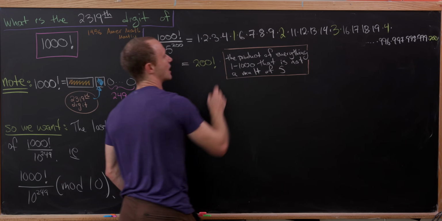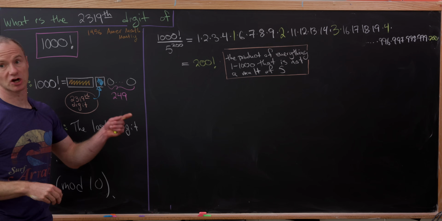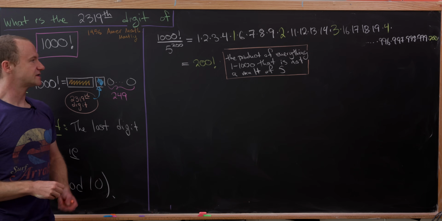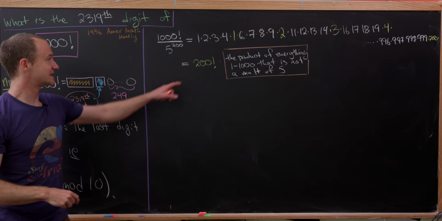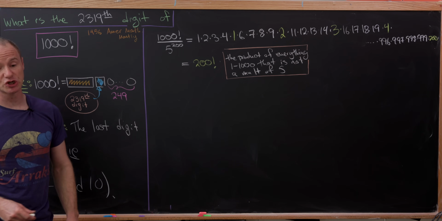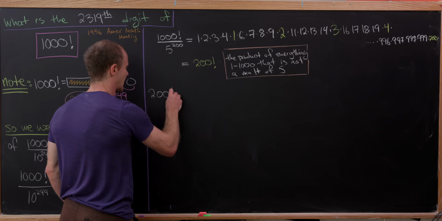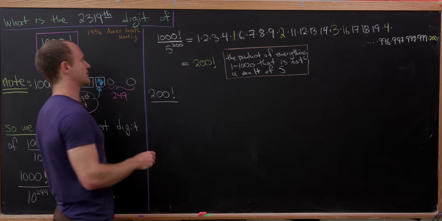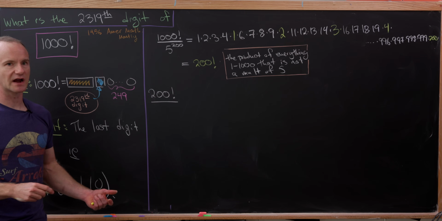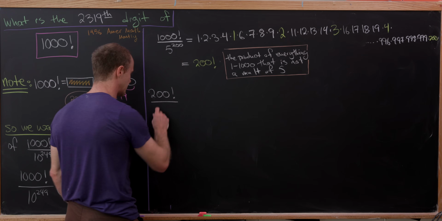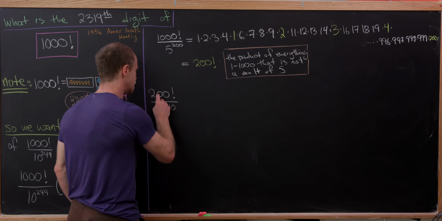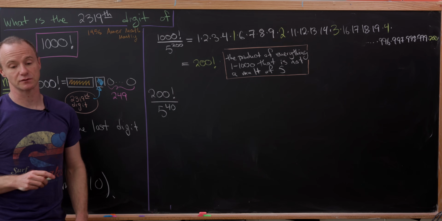So that's what we're uncovering here. And I think we can see the structure in there. Okay, so now what we'll do is play the same game on the number 200 factorial. Okay, so let's take 200 factorial, but instead of dividing by 5 to the 200, we're going to divide by 5 to the 40. And that's because 200 divided by 5 is equal to 40.